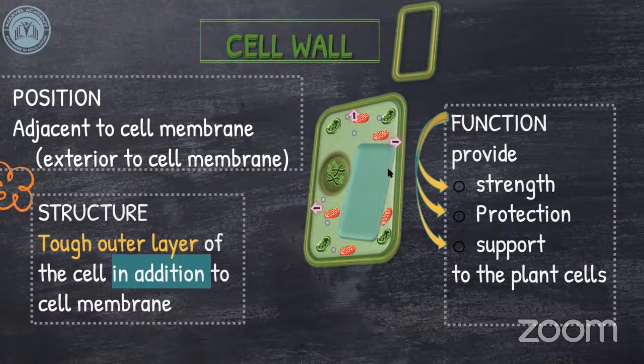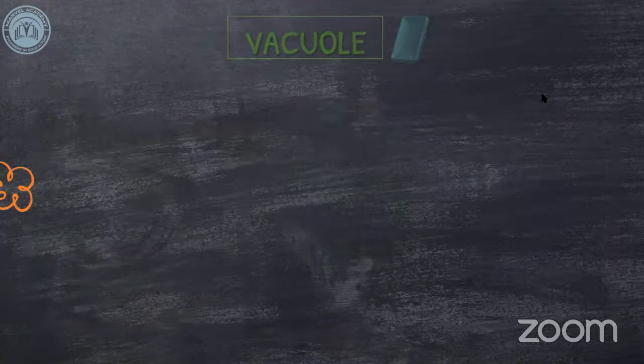So there are several adaptations. Mainly for strength, protection, as well as support, children, this is a very tough layer. It can further become tough structures in the plant, like the stem. We will learn those.